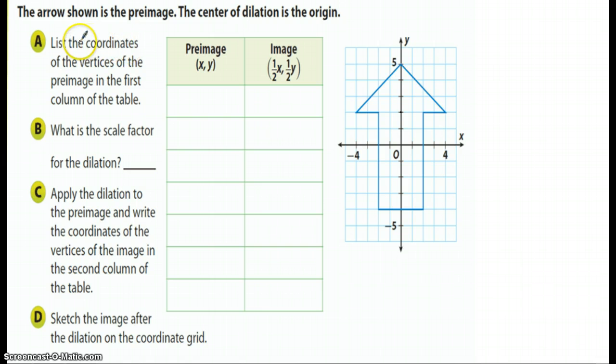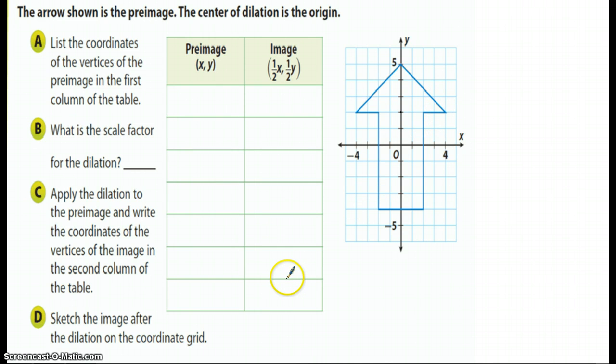Just like we did with the enlargement, it asks us to list the coordinates of the vertices of the pre-image in the first column, then determine the scale factor and apply the dilation to the pre-image and write the coordinates of the vertices of the image in the second column, and then sketch it over here.